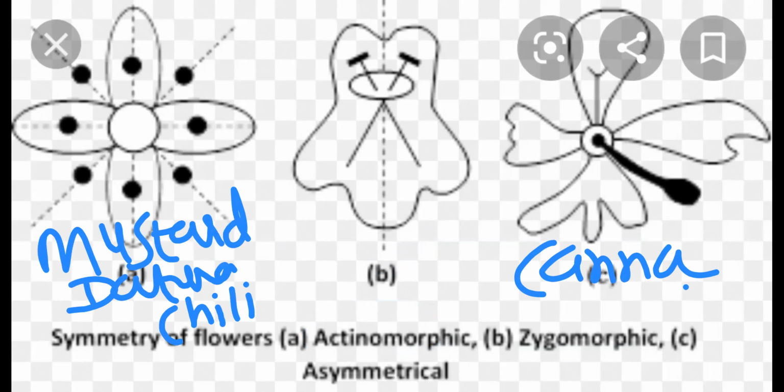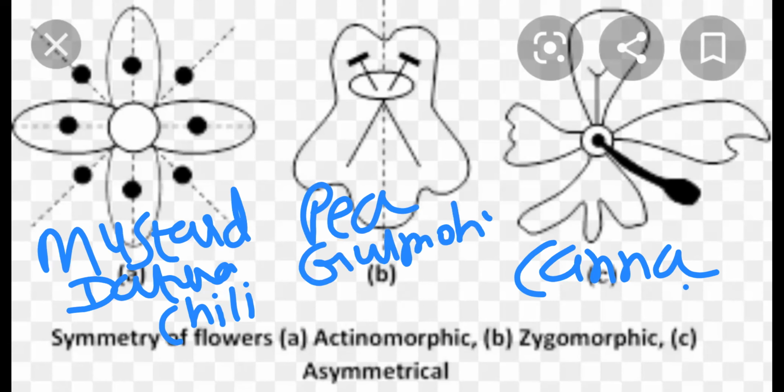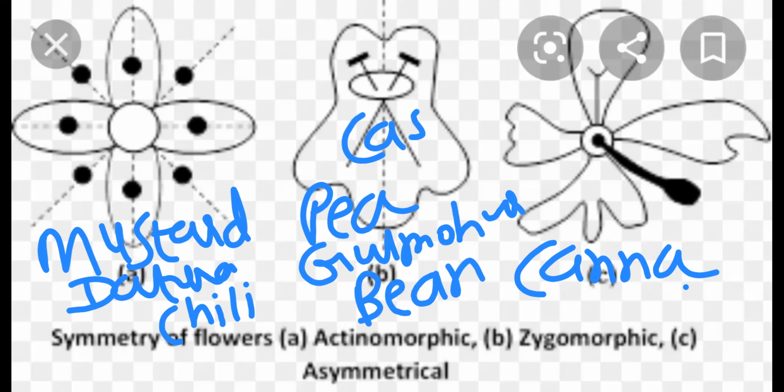Then next, bilateral symmetry: pea, gulmohar, bean, cassia. Pea, bean, gulmohar, cassia for bilateral symmetry, canna for asymmetry, and mustard, datura, chili for radial symmetry. See this.